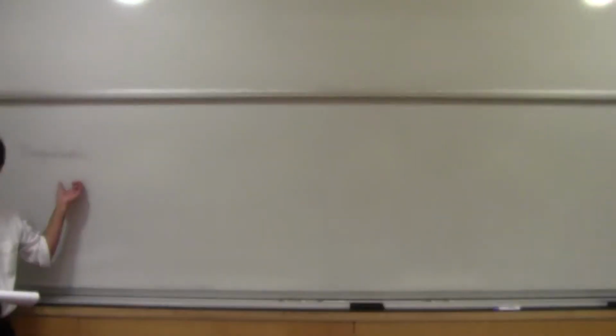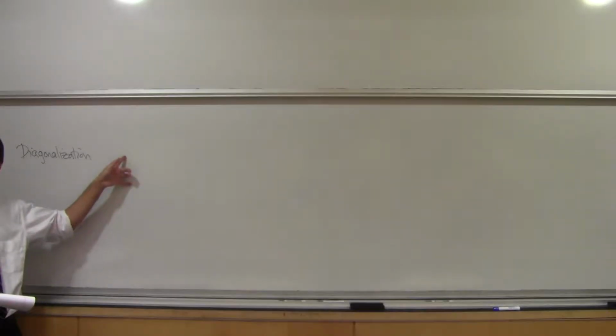Diagonalization, yes. Say that again, Nora. Oh, I said diagonalizing. Yes, diagonalizing. Right. So what we said is that if you're lucky, then your matrix is similar to a diagonal matrix, right?